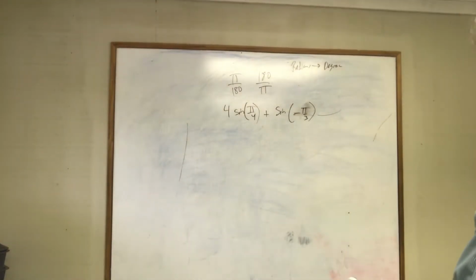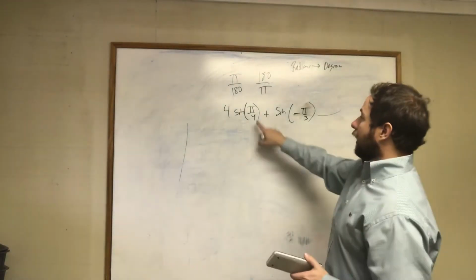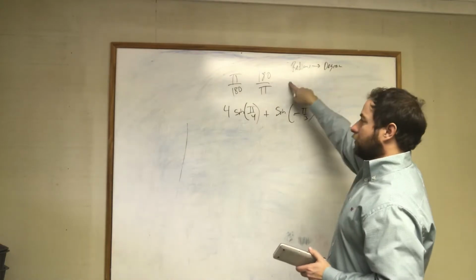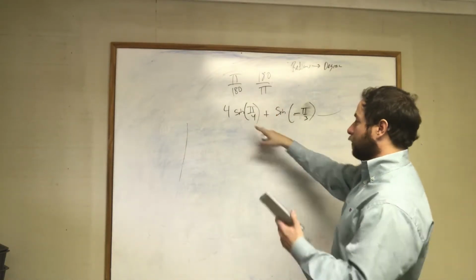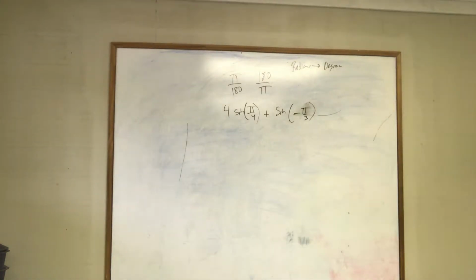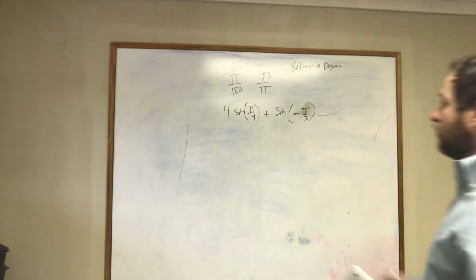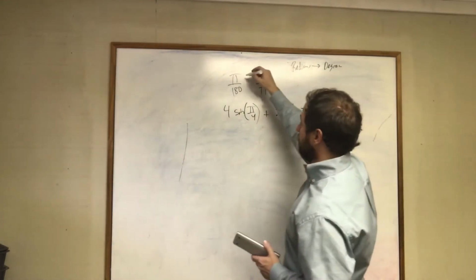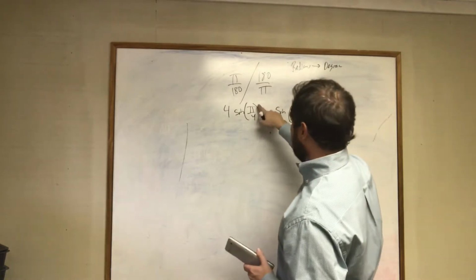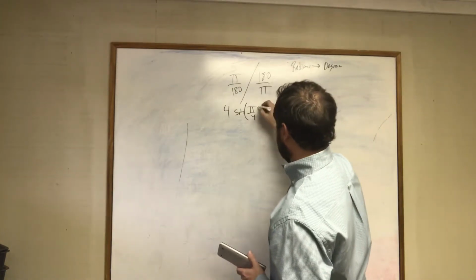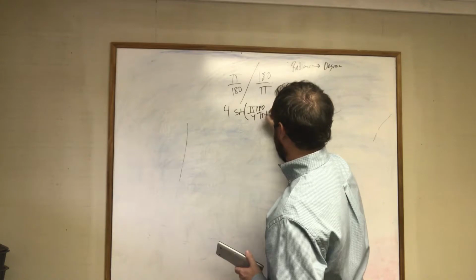The next problem has to do with changing things from radians to degrees or degrees to radians. Anytime you see pi over 4, pi over 3 in a trig problem, what you have to realize is those are in radians, and they have to be translated to degrees by using the unit multiplier of pi over 180 or 180 over pi. Obviously right here, we need it to be 180 over pi.